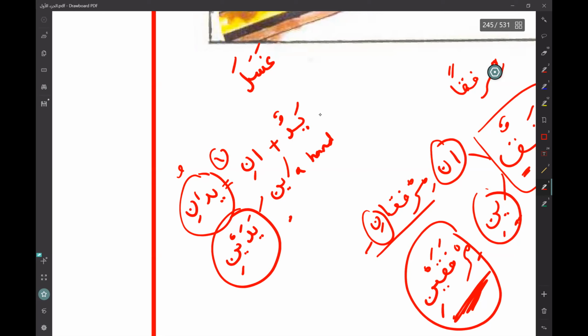The first one or the second one. If you want to say he washed two hands, let's just say we're not talking about whose hand. Yes, he washed two hands. So we are going to choose this one. Why? Because this is what? This is object. Okay. So now we have to add this one, yadayni.